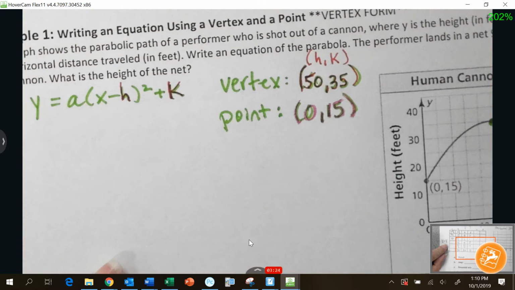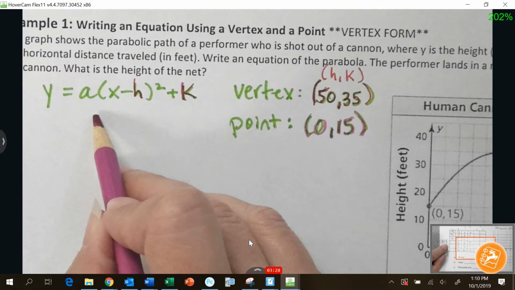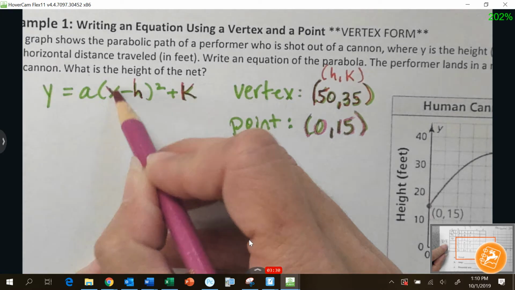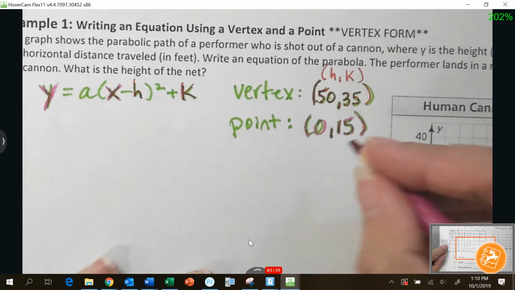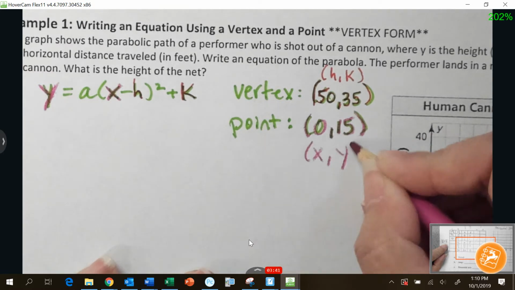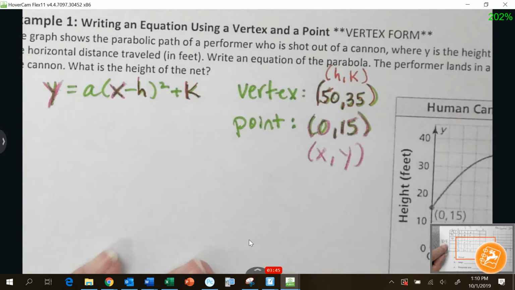The point is going to be plugged in x and y over here. It's hard to tell the difference between red and pink now, I'm noticing. Okay, but the point is going to be x and y. So we're going to plug all that stuff in.